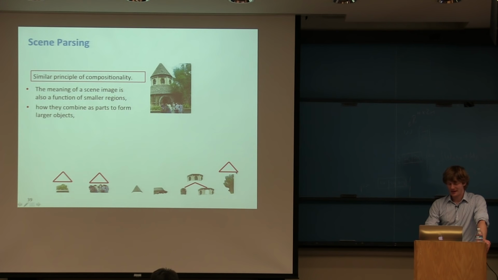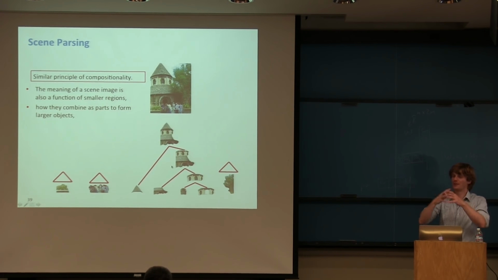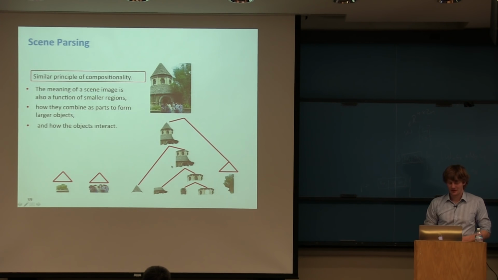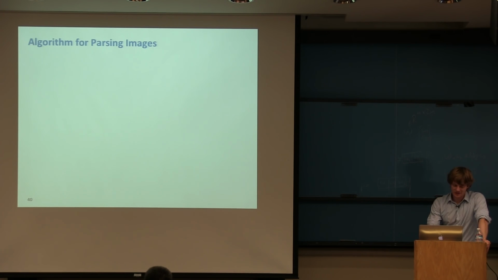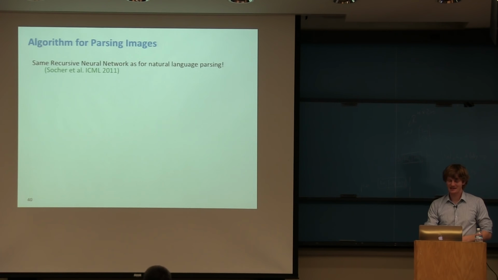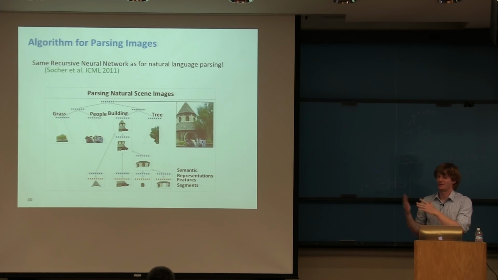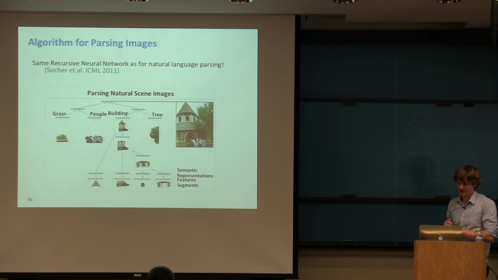You have a tree. Now, the single parts of the structure compose to form a building, and then all these various objects interact in certain ways. And it turns out that I don't need to describe in much detail how you would learn to combine little regions, because it's the exact same neural network that we just described for sentence parsing.